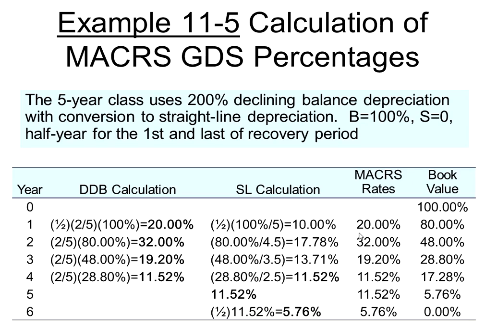Or alternatively, we could have added those together, which would give us 71.2. And if we subtract 71.2 from 100, we also would get 28.8. And that's the book value at the end of year 3. And that's what we use here in double declining balance and here in straight line.